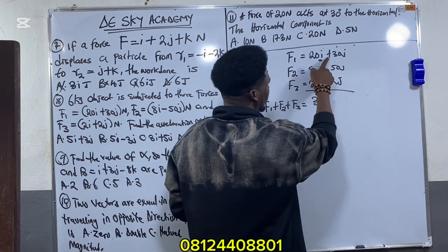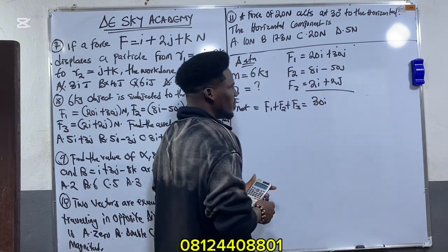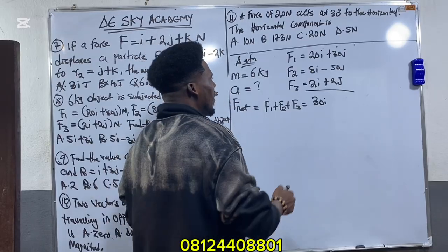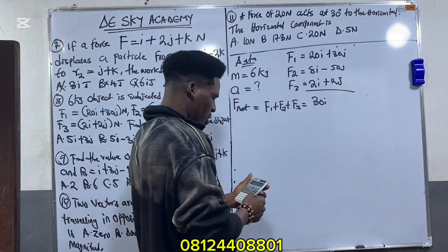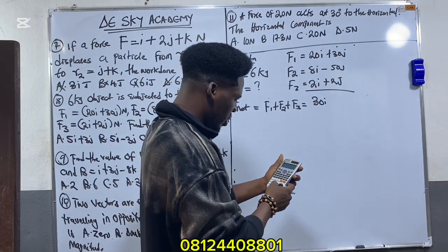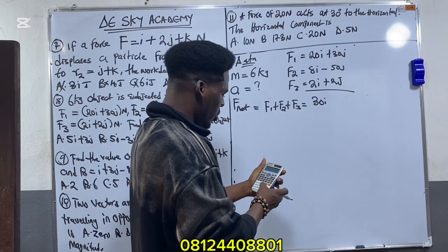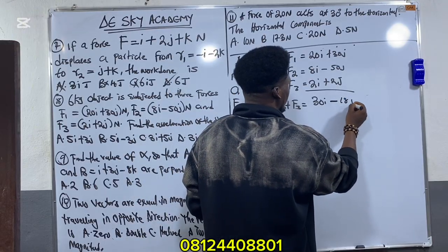Then I will now have plus 30 minus 50. Plus 30 minus 50 will be minus 20. Minus 20 plus 2 will now be minus 18. But let's work it out. 30 minus 50 plus 2, so minus 18. I'll have it as minus 18j.